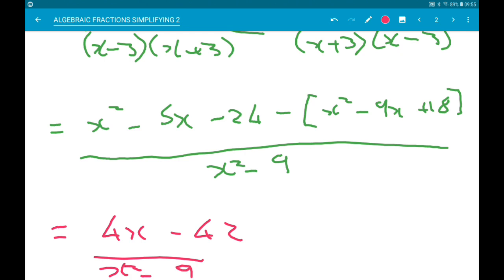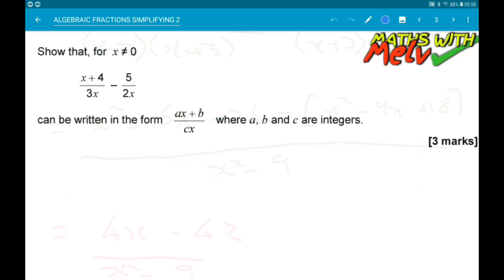There it is. Next up, and a lot nicer, we want to show that for x not equal to 0, (x + 4) over 3x minus 5 over 2x can be written in the form (ax + b) over cx, where a, b and c are all integers.